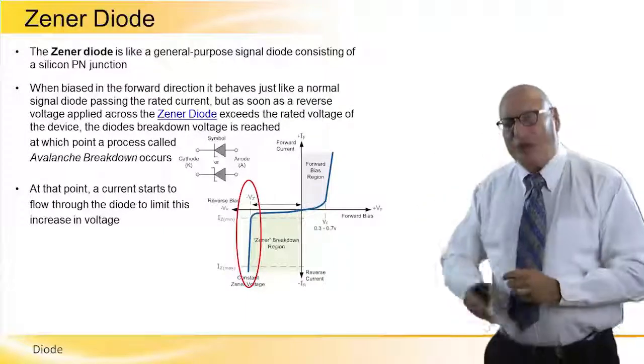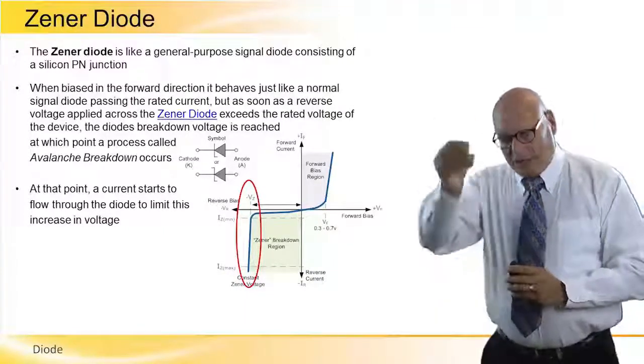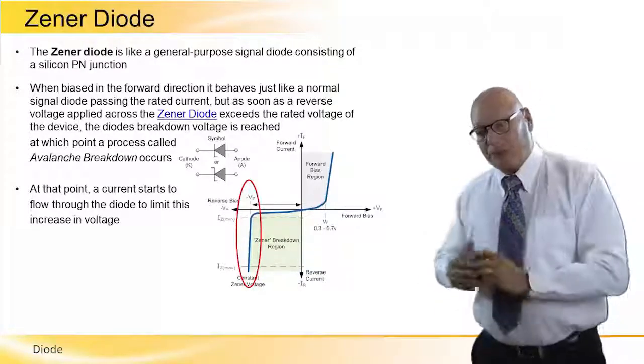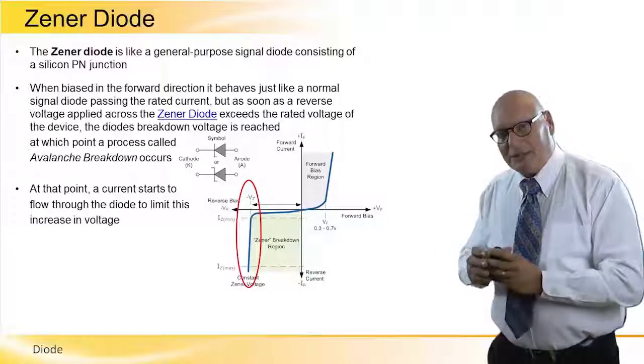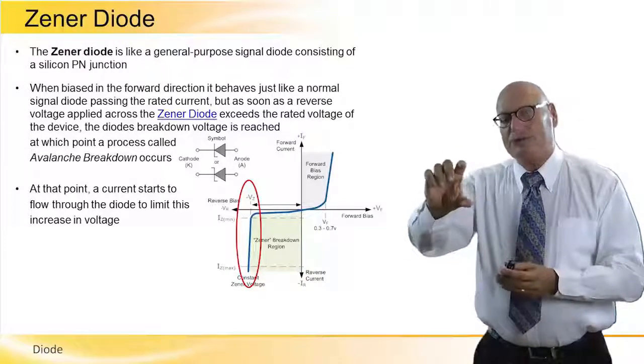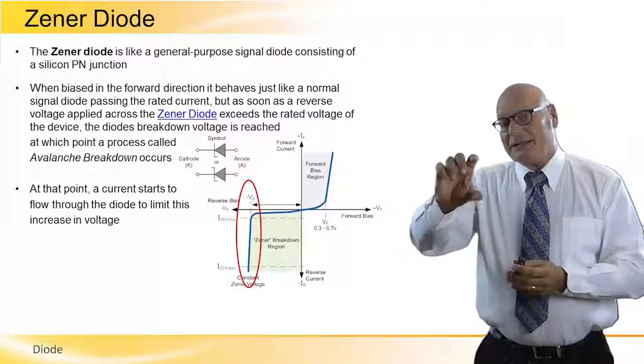And from that avalanche point, there's a current that flows, again, to limit the increase of the voltage, which means that there's a fixed level of voltage across the diode, and it's basically stabilized.